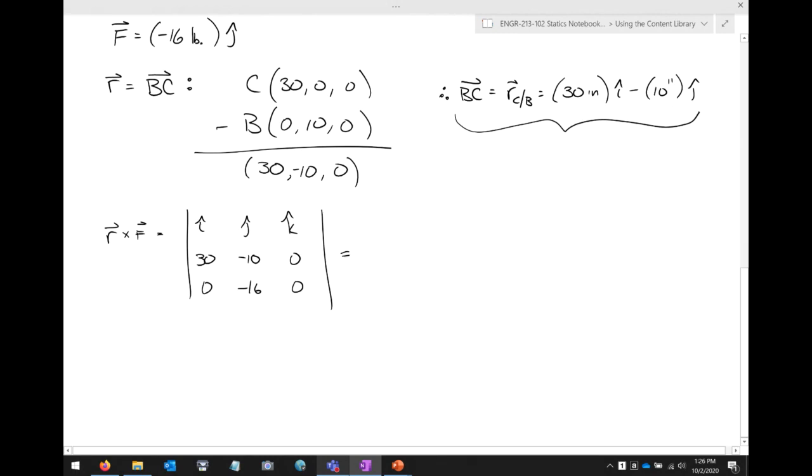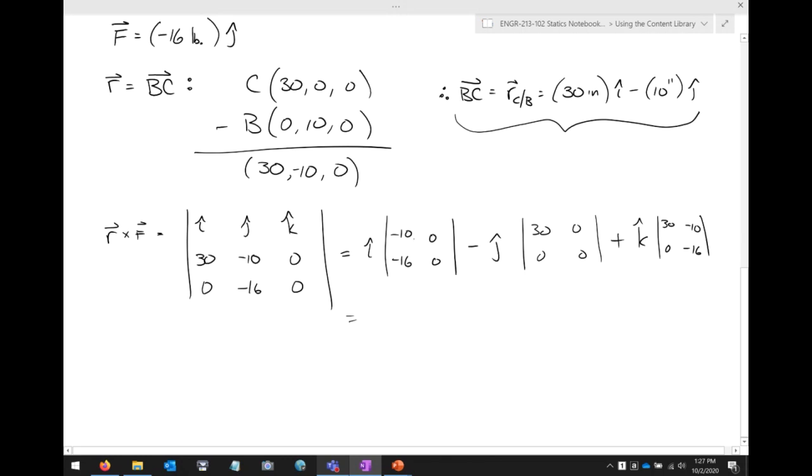And then if you evaluate this cross product, you're going to get I times, all right, so what do we get? Minus 10, minus 16, 0, and 0, minus J, and we get 30, 0, 0, 0, plus K, 30 minus 10, 0, minus 16.